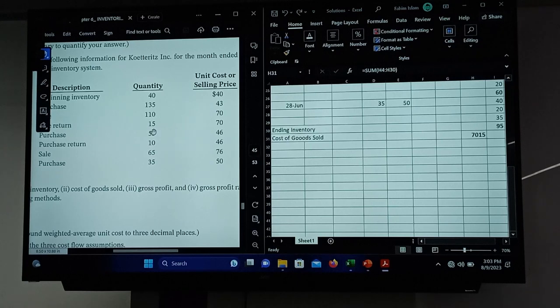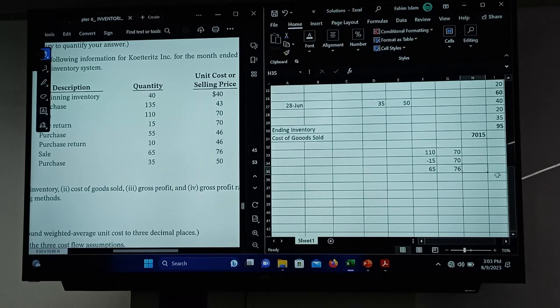Our selling price is 70,410. 110 at 73. And then our sales return of minus 15 at the rate of 70, and the sales was 65 at the rate of 76.